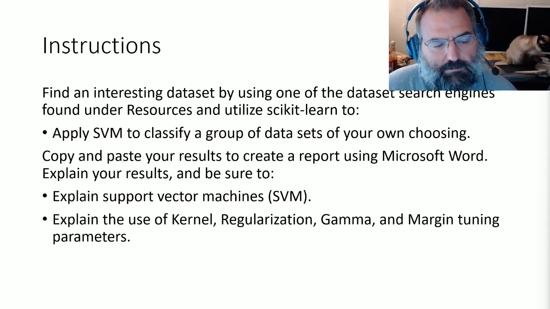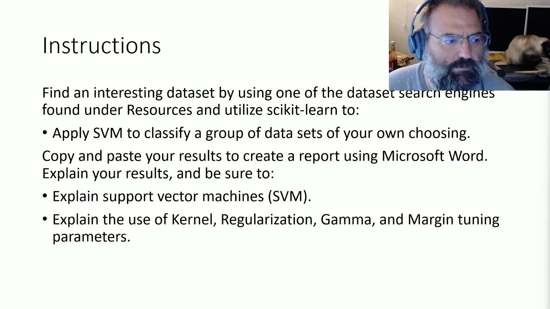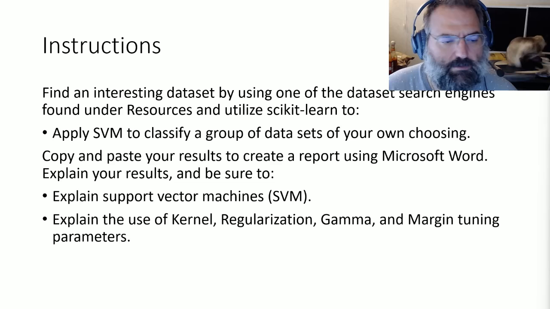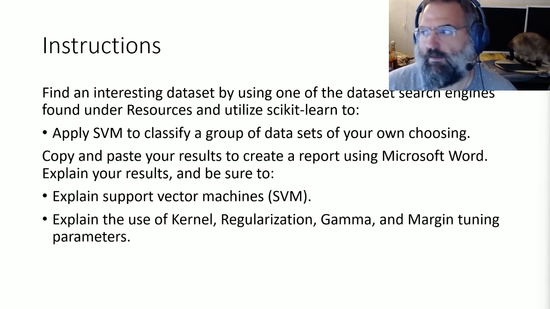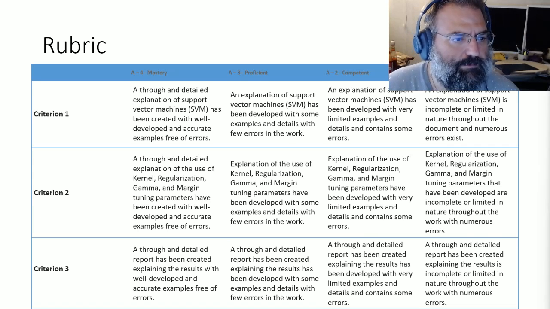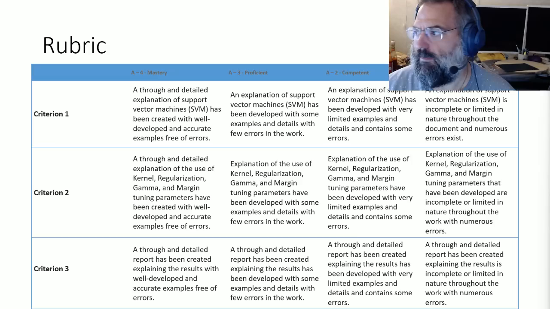Then create a report with your results explaining what SVM is, explaining what a kernel is, regularization, gamma and margin tuning, and then the tuning of those parameters, so the hyperparameters. The criteria are pretty straightforward, those 3 points: did you do them? It should be pretty straightforward, especially given you've done a fair amount of work with it.